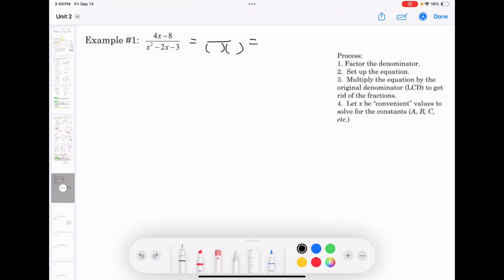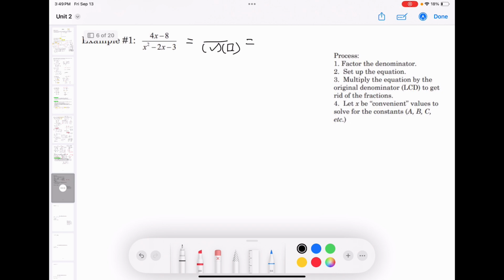For example, this factor and this factor. So this rational expression can be written as A over the first factor plus B over my second factor. Okay, if I can know what is the A and B's value, so we're done.